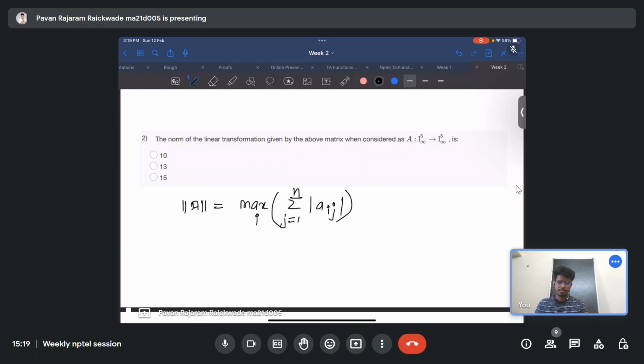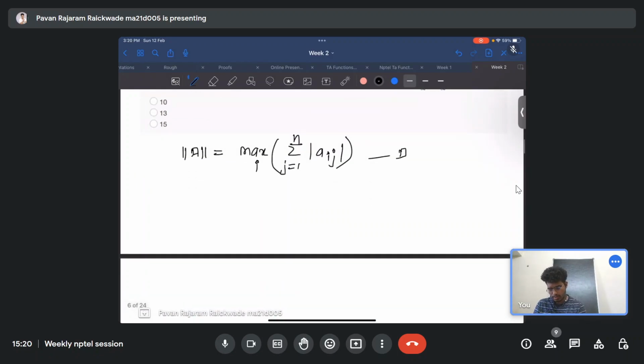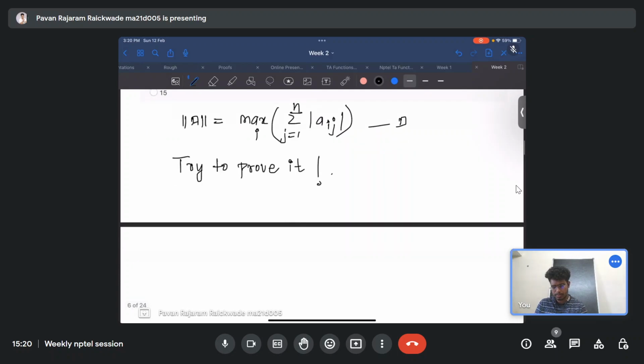That will be the norm. So by this formula, it is not a big deal to find the answer to this question. So try this. If not, I will take it in the next session.